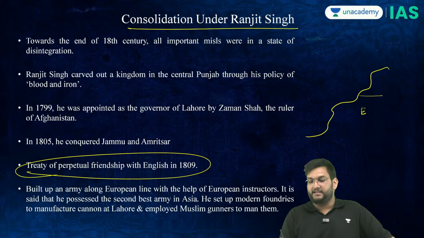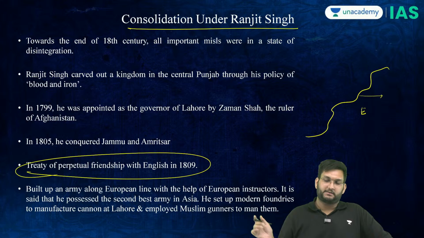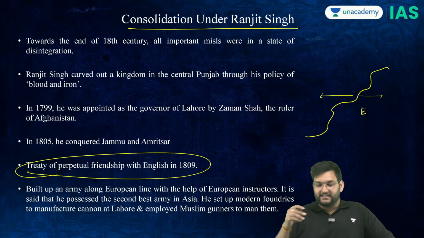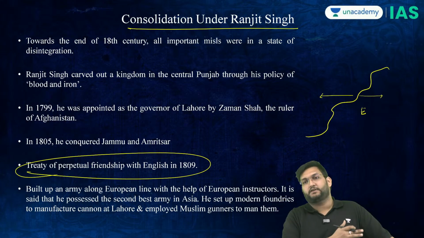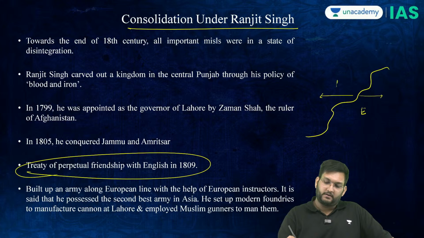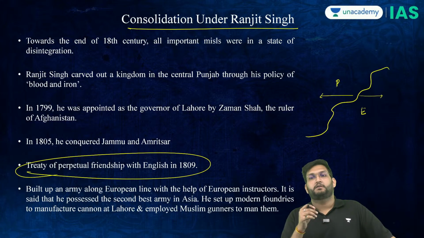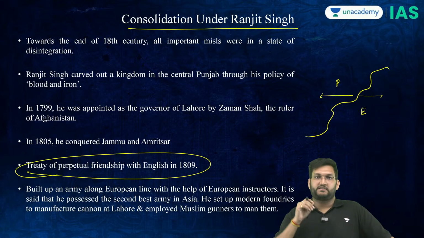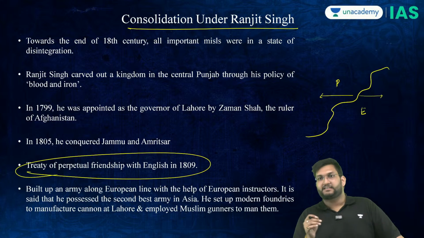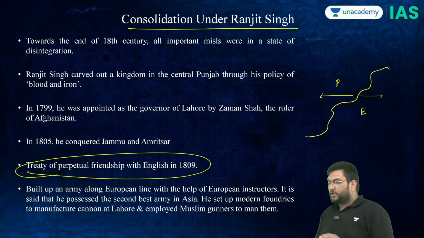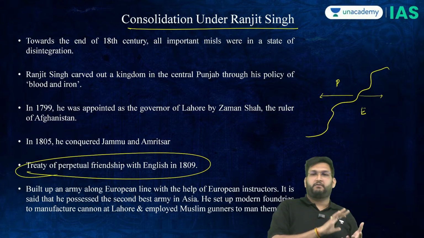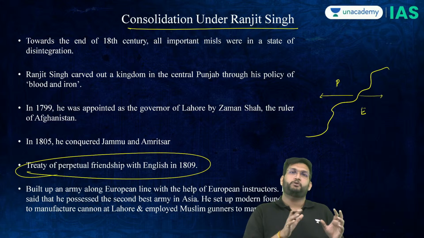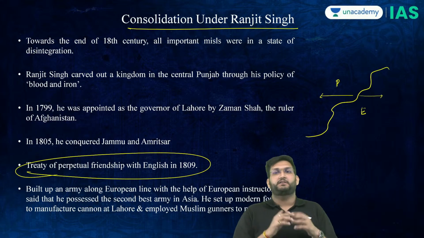English control anything east of the Satluj, anything west of the Satluj was under the Punjab state of Ranjit Singh. This made sure that Ranjit Singh did not have a border issue. And Ranjit Singh also had a powerful army, so therefore the English were also happy to sign the Treaty of Perpetual Friendship or the Treaty of Amritsar.